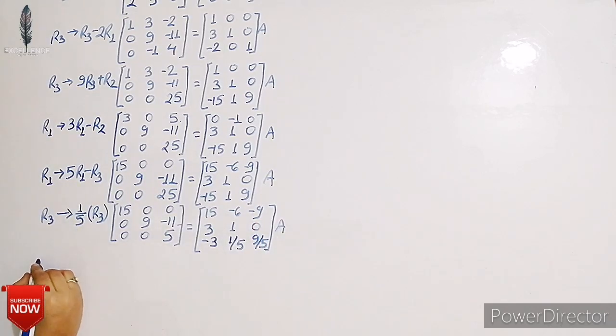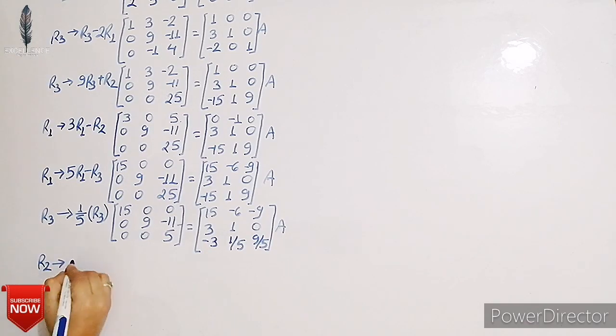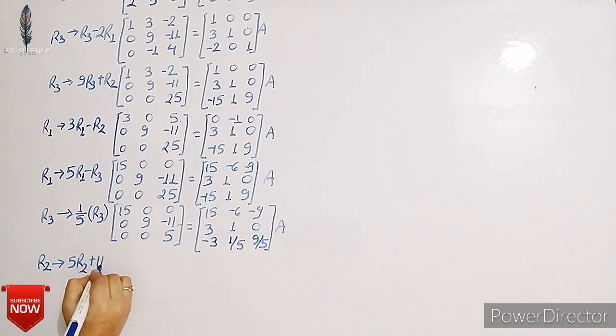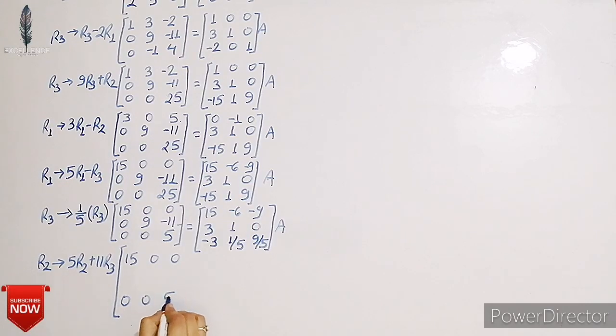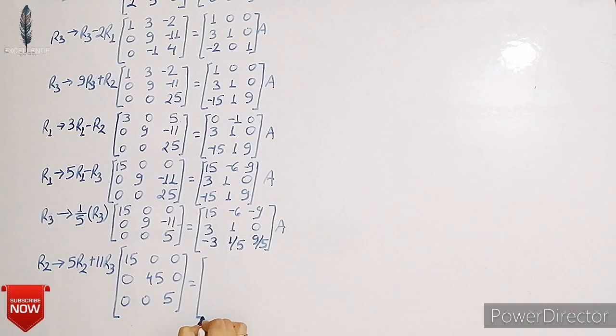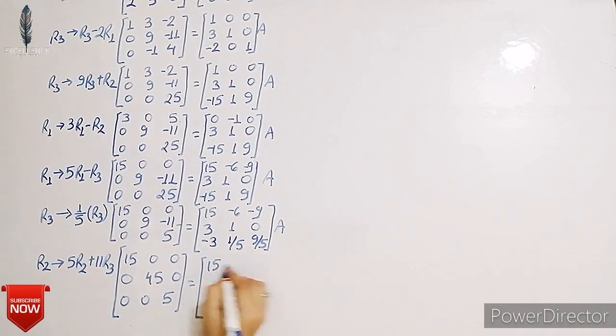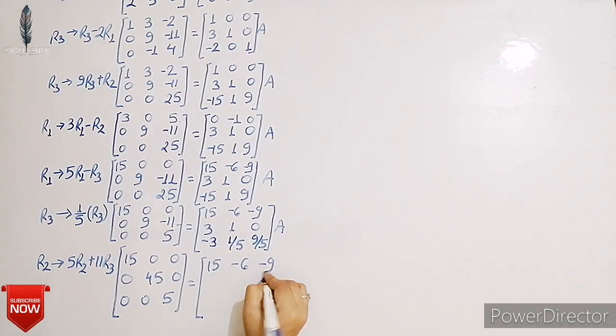Now let's change the minus 11 into 0. So R2 changes to 5R2 plus 11R3. Then we get R1 is same, that is 15 0 0, and R3 is same 0 0 5, and R2 becomes 0 45 and here 0 is equals to, same here, R1 and R3 are same.